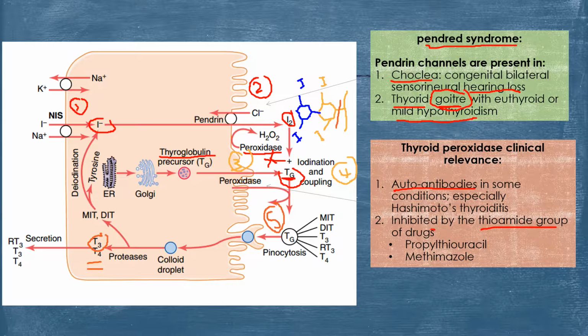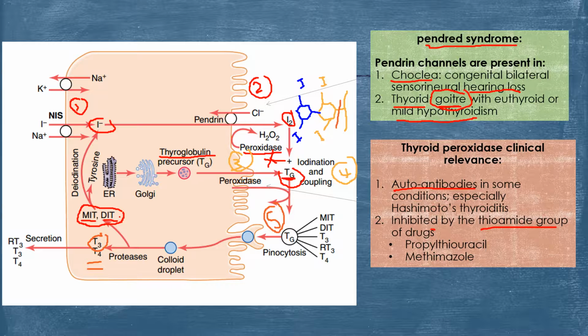Not only that, we also have DIT and MIT, which are diiodinated tyrosine and monoiodinated tyrosine. Those two don't have any physiological effect when secreted.